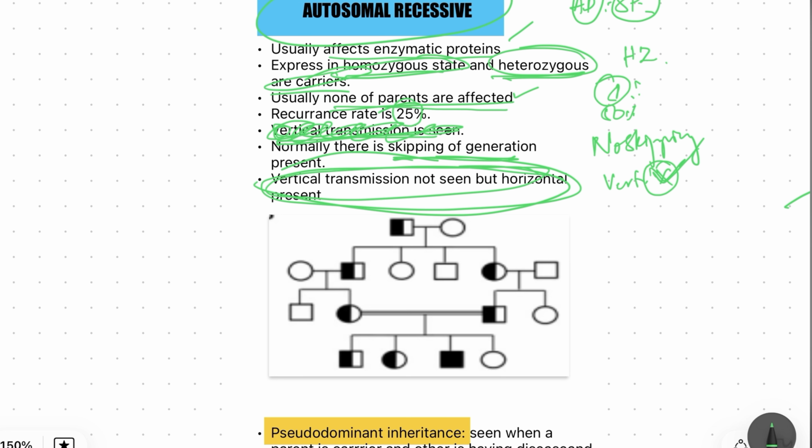So we learned the autosomal recessive criteria: it affects enzymatic proteins whereas dominant affects structural proteins, and it is expressed in the homozygous state, and heterozygous states will be carriers. None of the parents will be affected in autosomal recessive, whereas in autosomal dominant a minimum of one parent will be affected and maximum it should be one, right? It's common sense. Recurrence rate is 25% in autosomal recessive, whereas it is 50% in autosomal dominant.